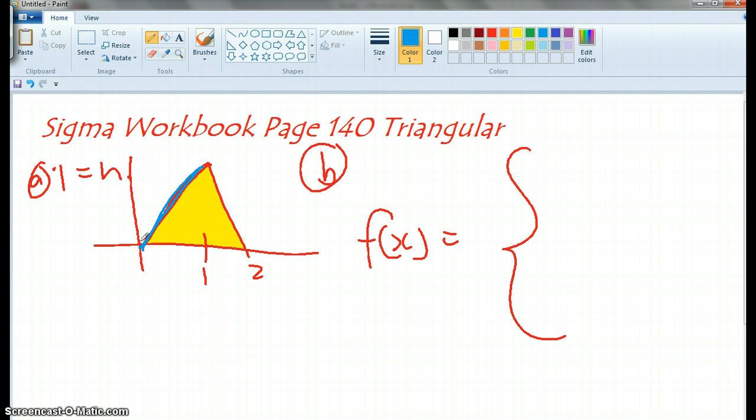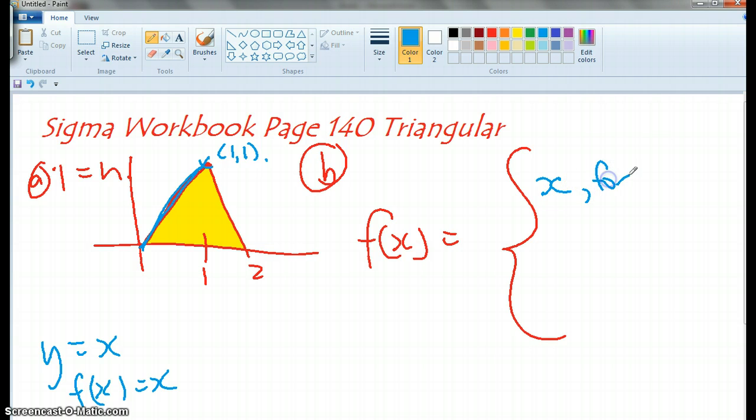We could do it the real slow way, or if you know that that's the point 1, 1, you actually know that line is y equals x, otherwise known as f of x equals x. So you would know that it's x, and that would be for between 0 and 1, x is in the middle. Okay? If you couldn't see that, anyone can't see that?